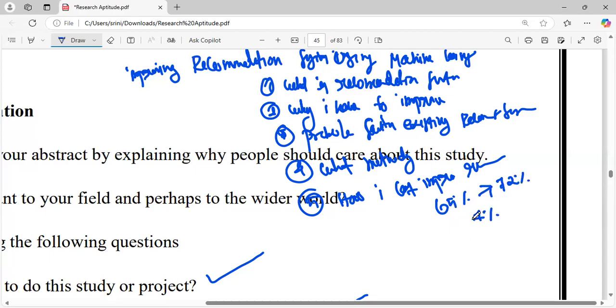So the focus here is that I'm going to improve the recommendation system by 7%. I'm stating everything in my abstract, and stating the result that I have improved the existing recommendation system by 7%. So the paper is about how I have improved the system by 7%. So this should be my abstract.